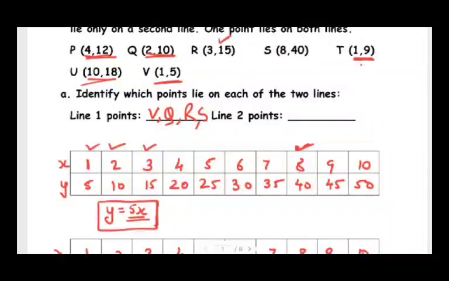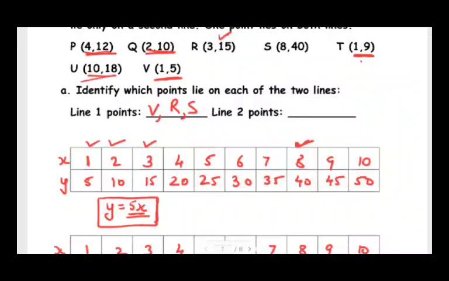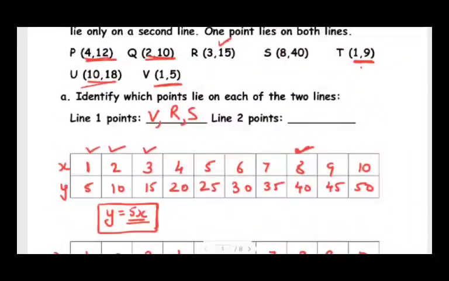However, children, if you see Q, it falls here, as well as with the difference of 8, as well as a multiplication of 5. So I'll write V, R and S lie on one line, and the others except for Q, I'll put P. Again, Q is common.